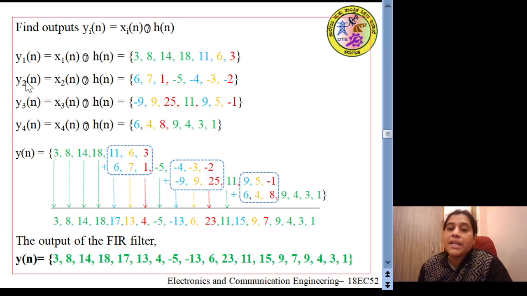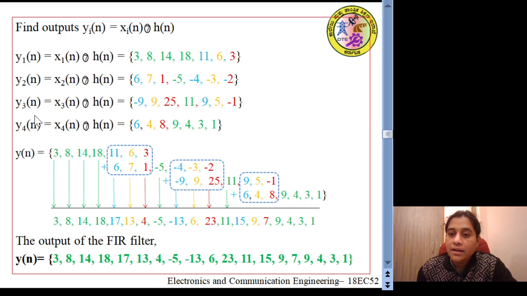And we obtain the second block of output by 7-point circular convolution of x2 of n with impulse response h of n. The output block y2 of n has the samples 6, 7, 1, minus 5, 4, minus 4, minus 3 and minus 2.